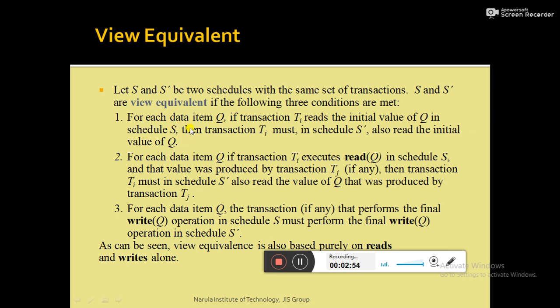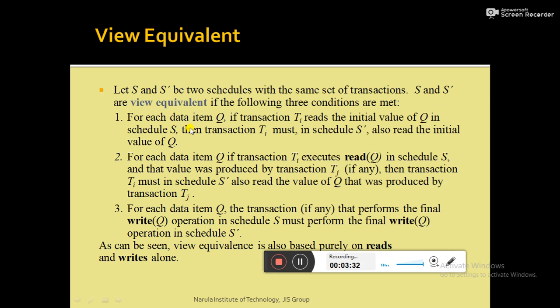Suppose in schedule S, a transaction Ti reads the initial value of Q. That means in schedule S, the data item Q is initially read by transaction Ti. Then in the other schedule S prime, the data item Q must also be initially read by Ti. That means in both schedules S and S prime, the data item Q should be initially read by Ti.